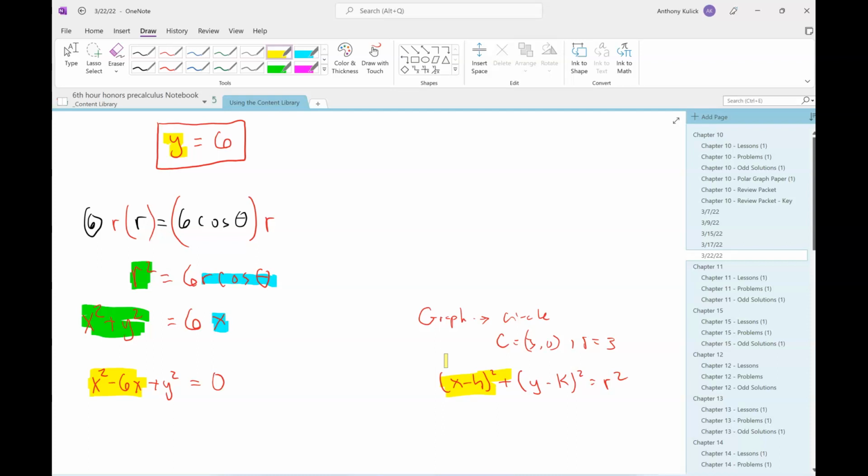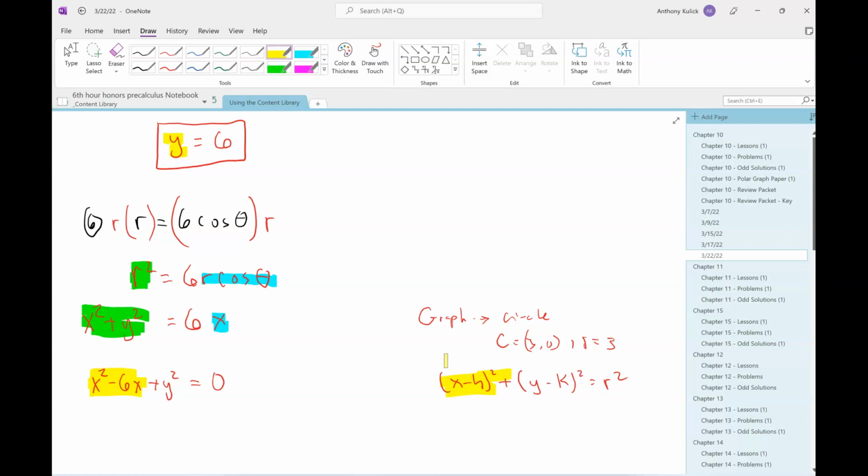Is everybody okay with that? Now, you learned how to do this last year in your Algebra 2 class. Does anybody remember the name of the process we used to do that? The initials for that process are CTS. Does that ring any bells? Completing the square.